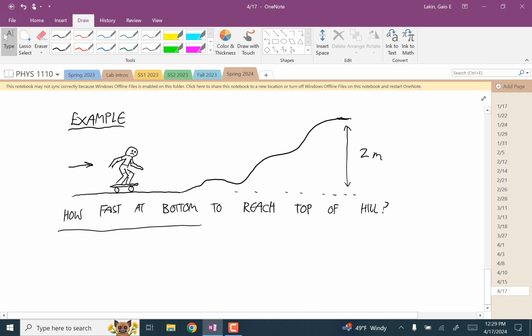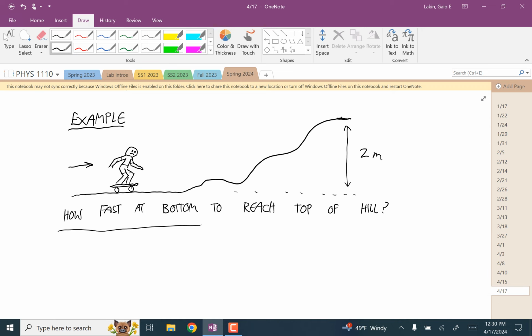Okay, well, let's think a little bit about what this means. So if we're trying to find out what speed is required at the bottom to get to the top, the slowest the skateboarder could be moving at the bottom to make it to the top is if he just gets to the top as his speed becomes 0.